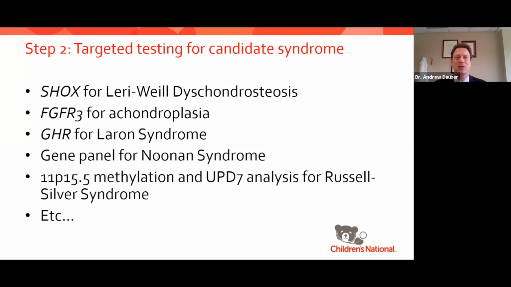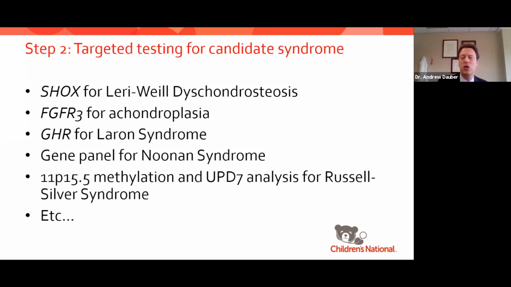I looked at the child, we measured their body proportions, and she was significantly disproportionate. When I looked at her mom, I noticed that her mother, who was also very short, had a Madelung deformity. We did SHOX testing, and lo and behold, she had a heterozygous deletion of the SHOX gene, giving her Léri-Weill dyschondrosteosis. So if there's a clinical candidate syndrome, you should do the testing for that specific syndrome.